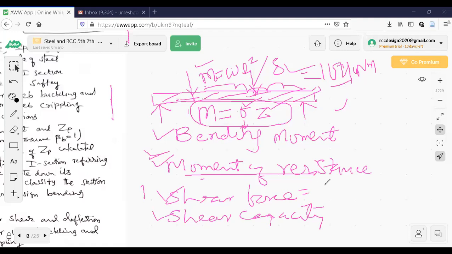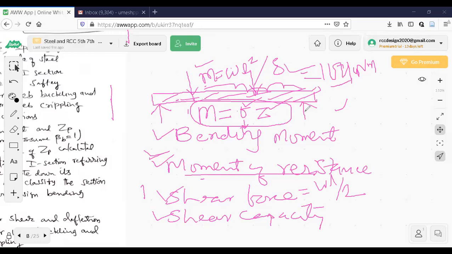Now if I calculate this one, because I know this is the maximum shear force which occurs near the supports, how do I say that this beam is safe in resisting shear? On what basis can I say that?